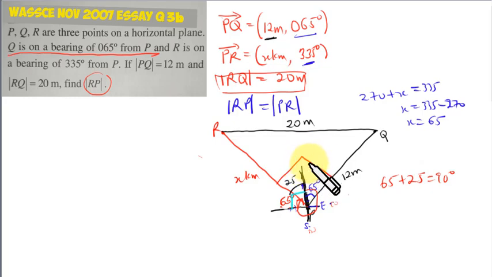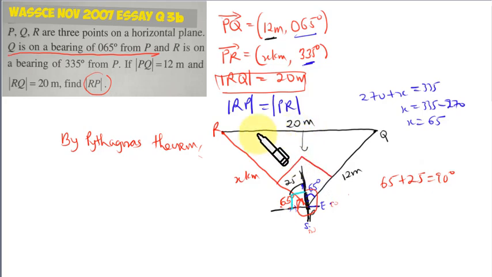And if you have a triangle where one of the interior angles is a 90 degrees angle or a right angle, then it means the triangle is a right angle triangle. In other words, triangle PRQ or PQR is a right angle triangle. So that is to say, I can apply Pythagoras theorem. So Pythagoras theorem states that for a right angle triangle, the square of the hypotenuse is equal to the sum of the squares of the other two sides, and the hypotenuse is the longest side, and of course it is the side that always faces the 90 degrees angle.